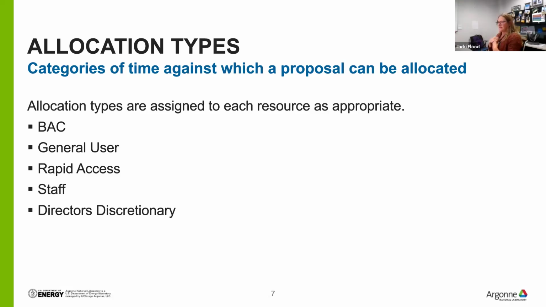For APS, and I believe for LCLS as well, UPS isn't the source of truth for our reporting, but we can still use allocation types as a way to make sure that we don't overcommit time to any given category of time.